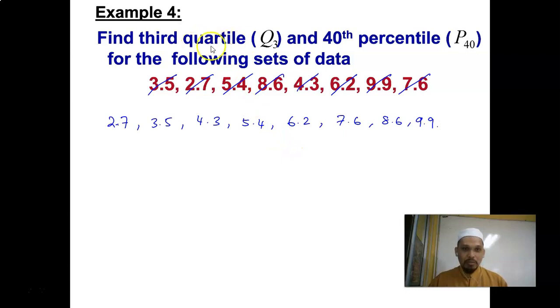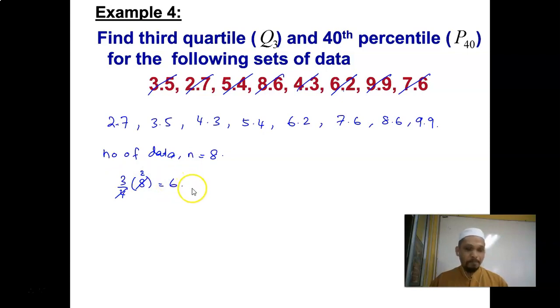Okay, so for the third quartile, the number of data here, n equal to 1, 2, 3, 4, 5, 6, 7, 8. So the third quartile is 3/4 multiplied with the number of data, which is 8. 8 divided by 4 times 3 equal to 6.